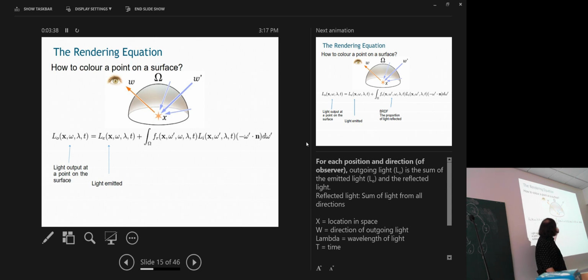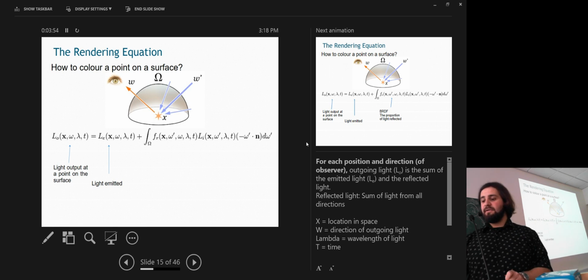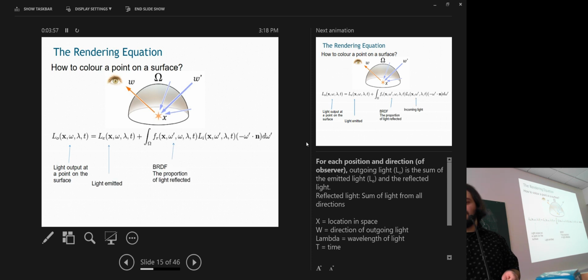Okay, and then the reflection part. So we integrate all over this hemisphere, and for all directions we have those parameters. The first parameter is a reflectance function, so BRDF, and we will see what BRDF is.